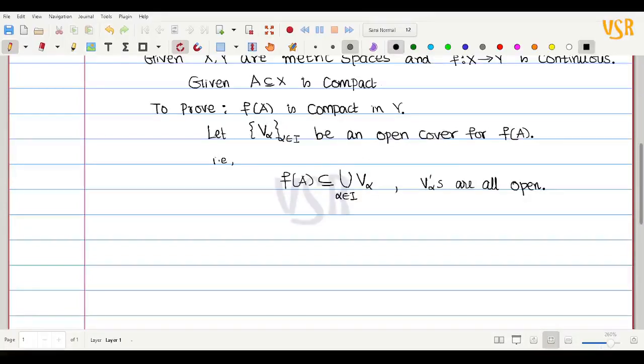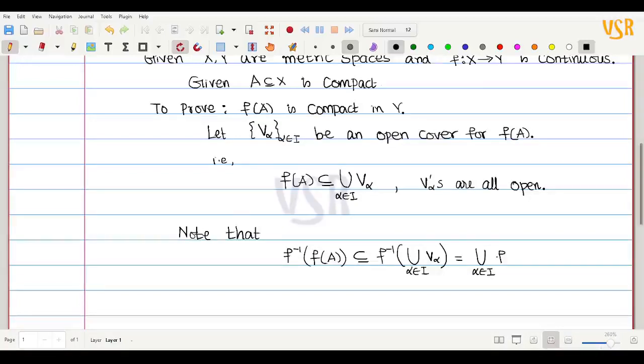To prove that, note that f of A is a subset of the union of V alpha, so I can write A is a subset of f inverse of f of capital A, which is a subset of f inverse of the union of all V alphas, alpha belonging to I. Note that this is equal to the union of all f inverse of V alpha.